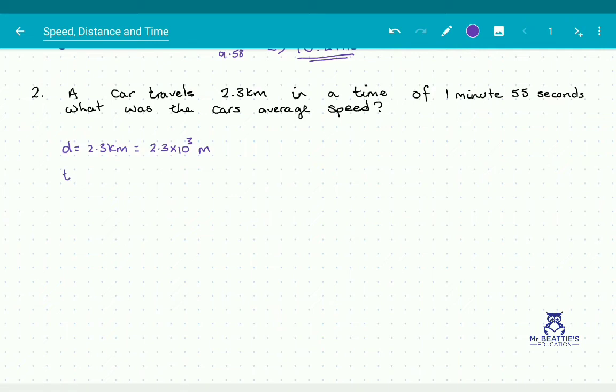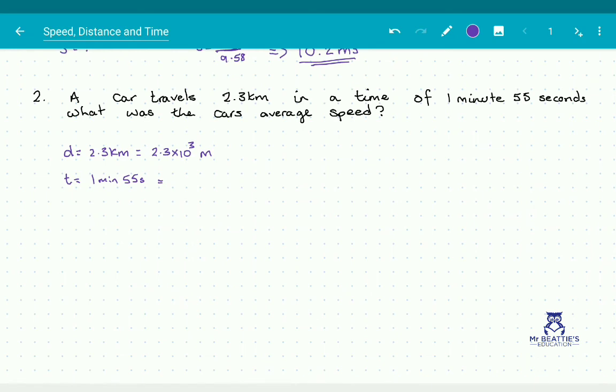And our time, which is 1 minute 55 seconds. Okay, well, 1 minute is 60 seconds plus 55 seconds. It's going to be 115 seconds.